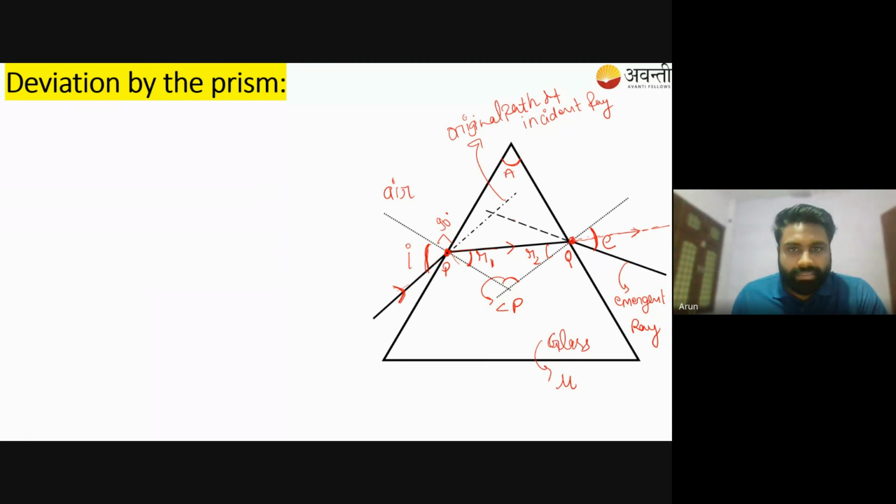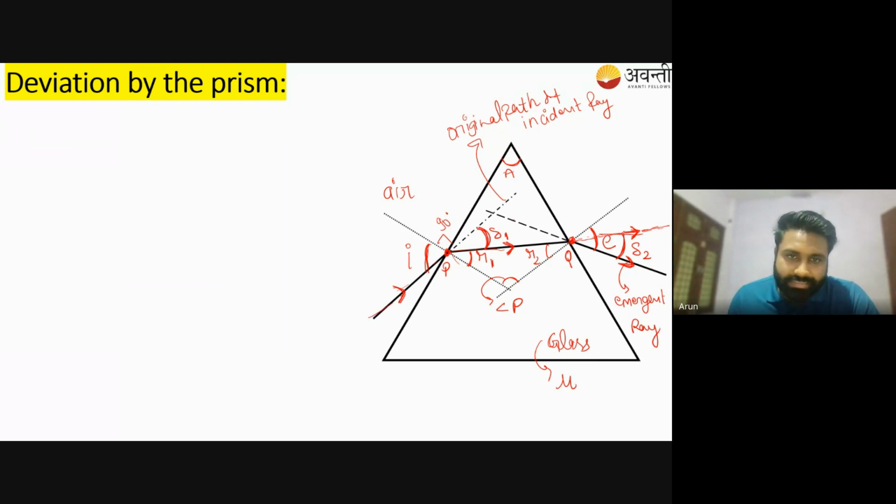So for the deviation, this is the ray after refraction and this is the ray before refraction, so this angle is delta 1. Similarly, this is the ray before refraction and this is the ray after refraction, so the angle between them is delta 2. And what is the total deviation?